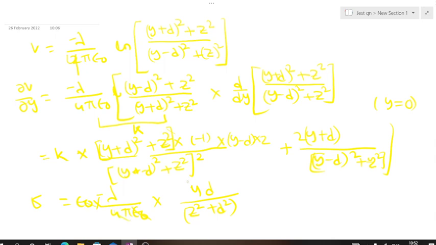This cancels, so the answer will be minus lambda d divided by z square plus d square. This is the answer. This is a simple question, don't do it very lengthily. Derive all this and put y equal to 0, we'll get the desired value. So let's go to the next question.